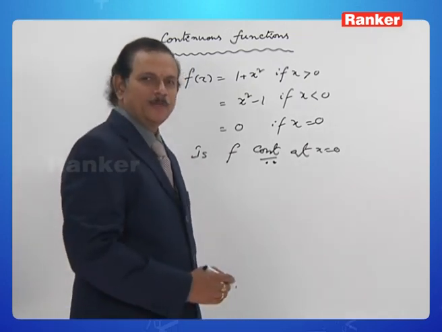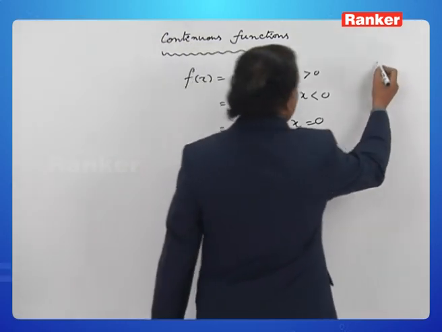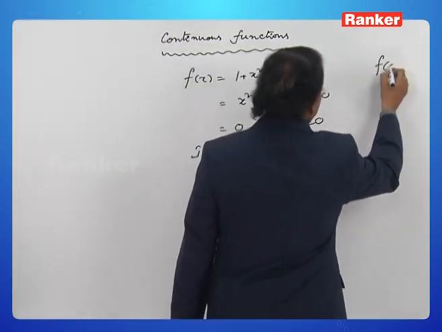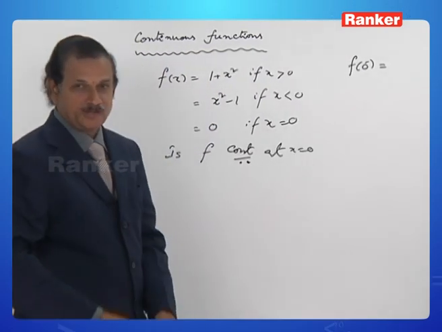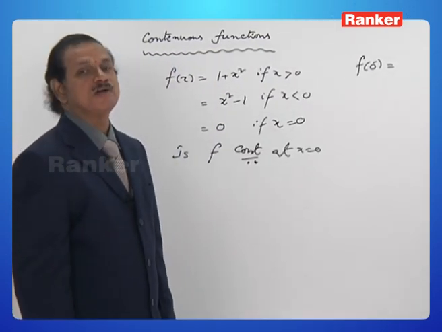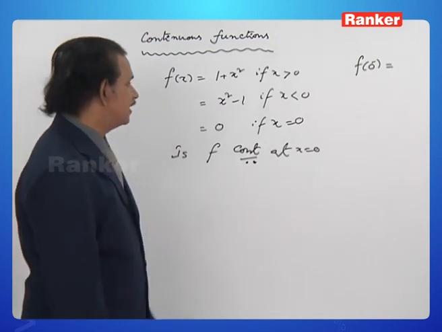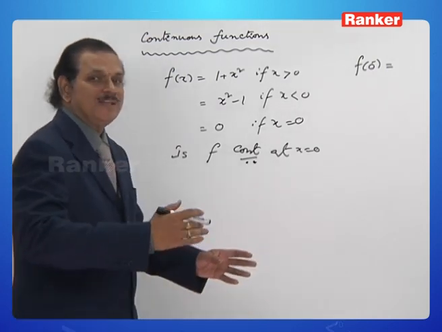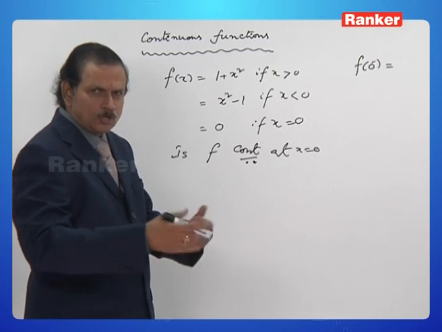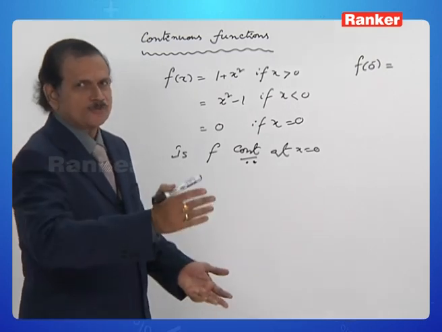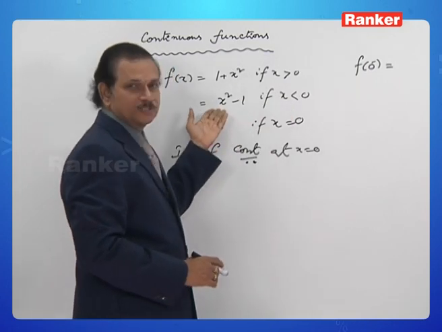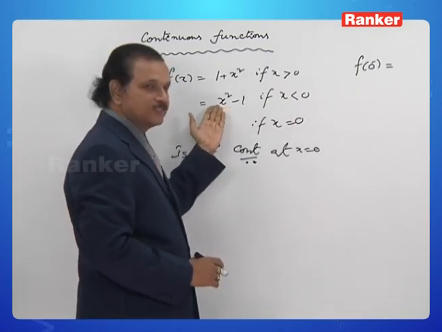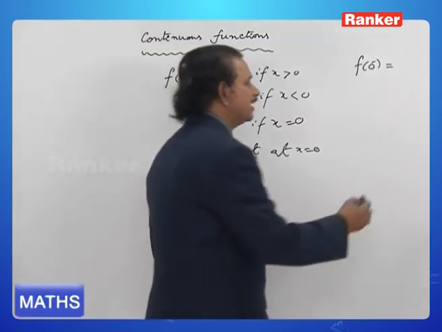According to them, the first one, what is f of a from left? That is f of 0 from left. What is the meaning of f of 0 from left? Limit of f of x as x tends to 0 from left. X is left to 0 means x less than 0. This is the function. So f of x as x tends to 0 is 0 square minus 1. What is that?